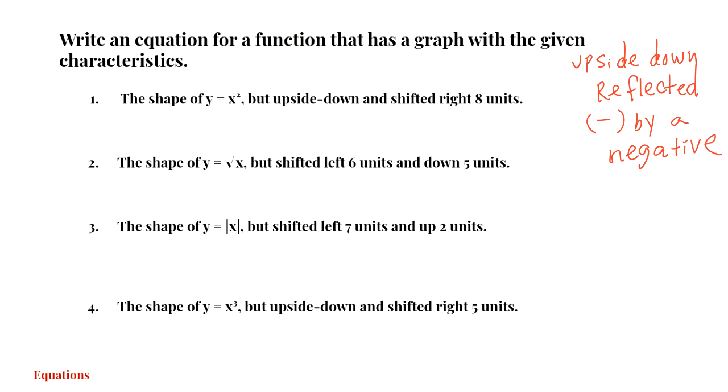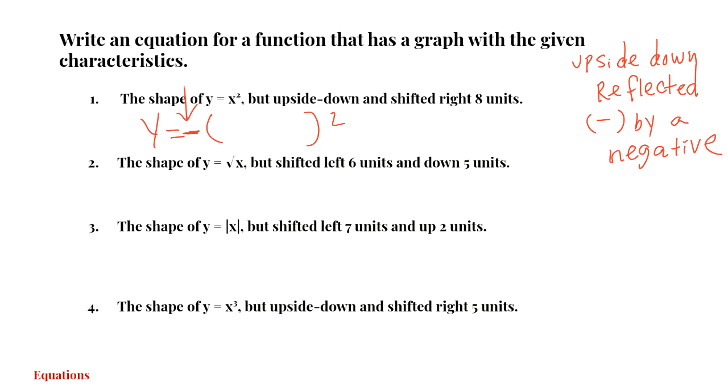So we just have to remember that it's upside down, so the negative goes in front of the function. The negative is multiplying the parent function, so it goes in front.